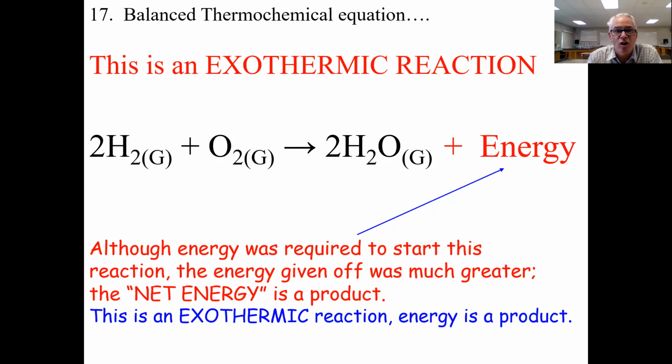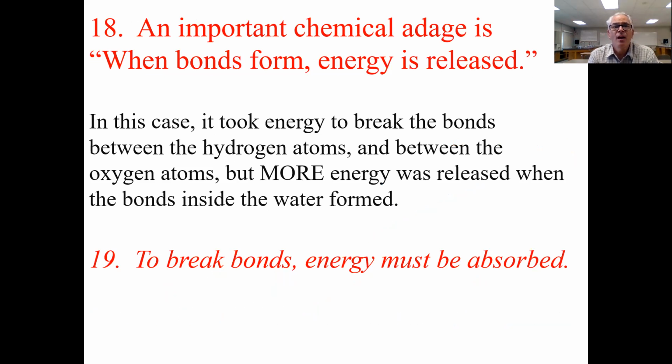This is called exothermic. Now, this is an important line, number 18. When the bonds form, energy is released. When hydrogen and oxygen bond together, when a bond forms, it's so stable that all the anxiety, all the stress is released, and it comes out usually as heat and explosion.